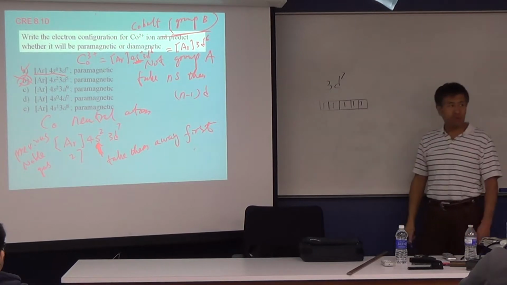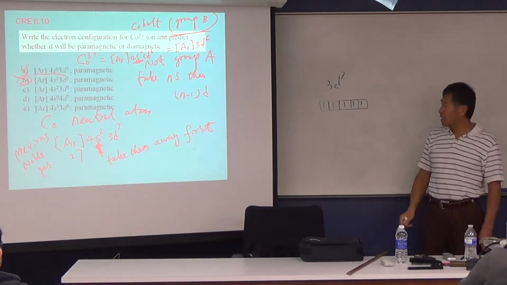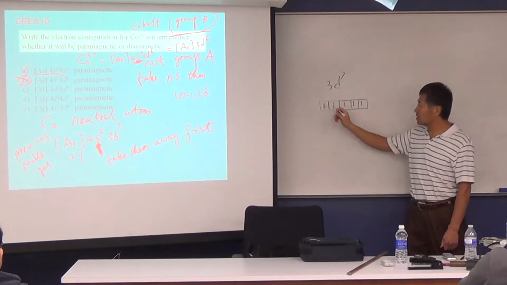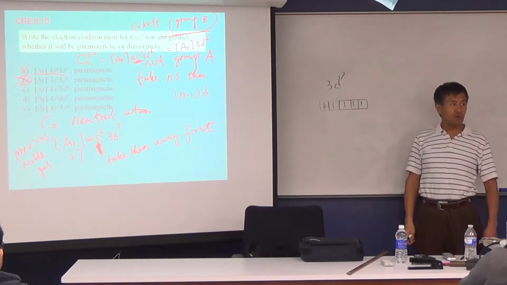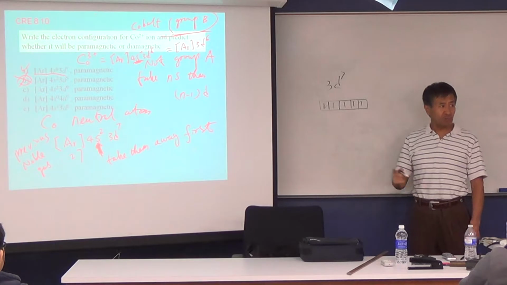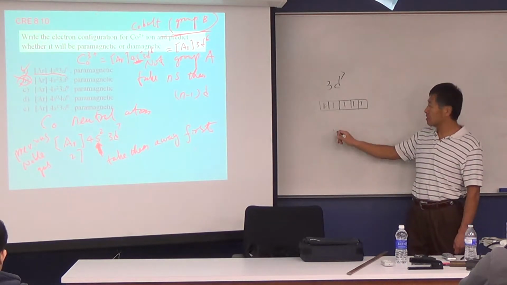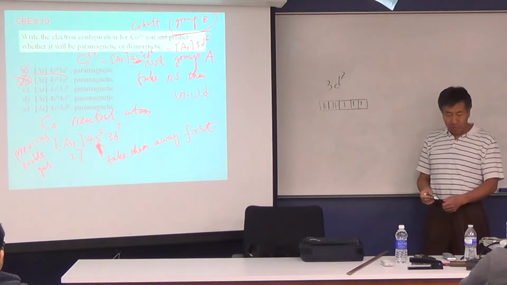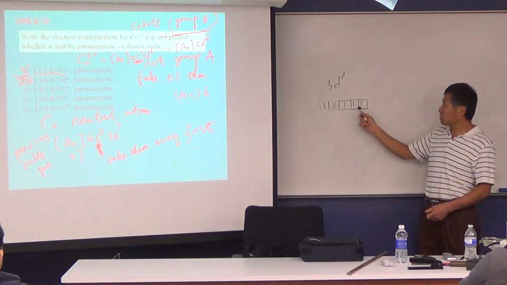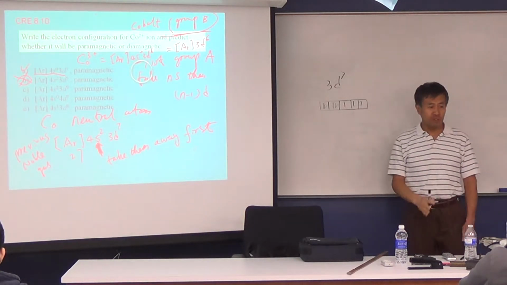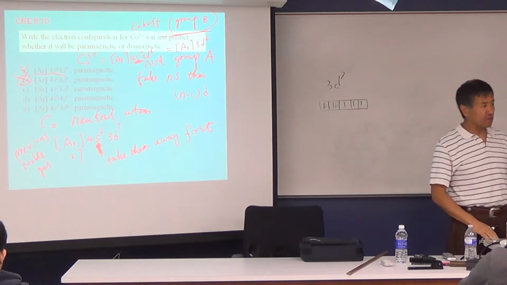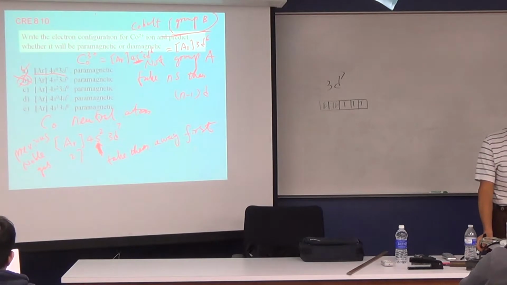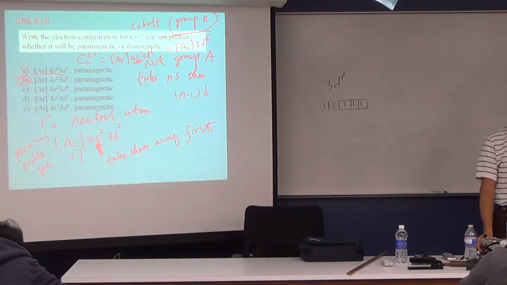That will give you 5 electrons. And obviously you have to put more electrons in to make a total of 7. So what you can do is begin to pair them up. So you pair one up, you get 6. And pair another up, you get 7. So after you pair 2 up, you still have 3 single electrons. So if you have 1 or more single electrons, your atom or ion is called paramagnetic.